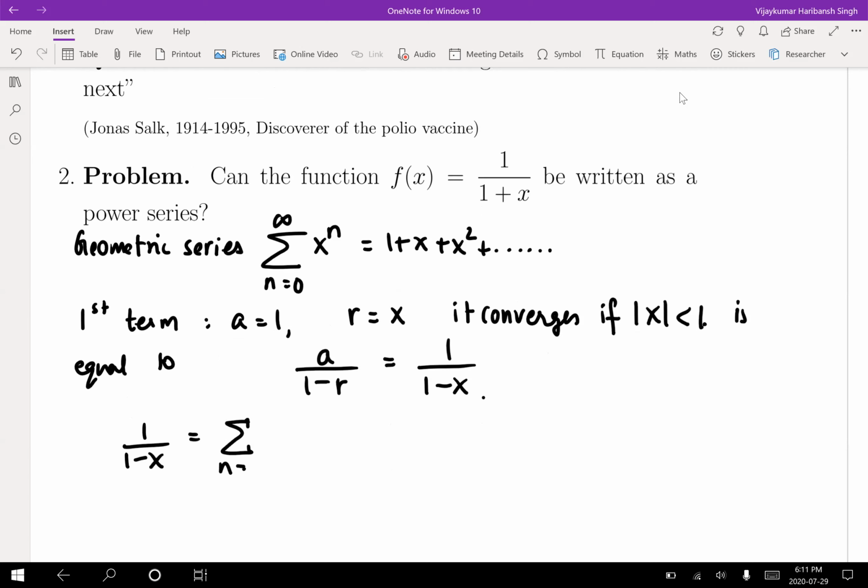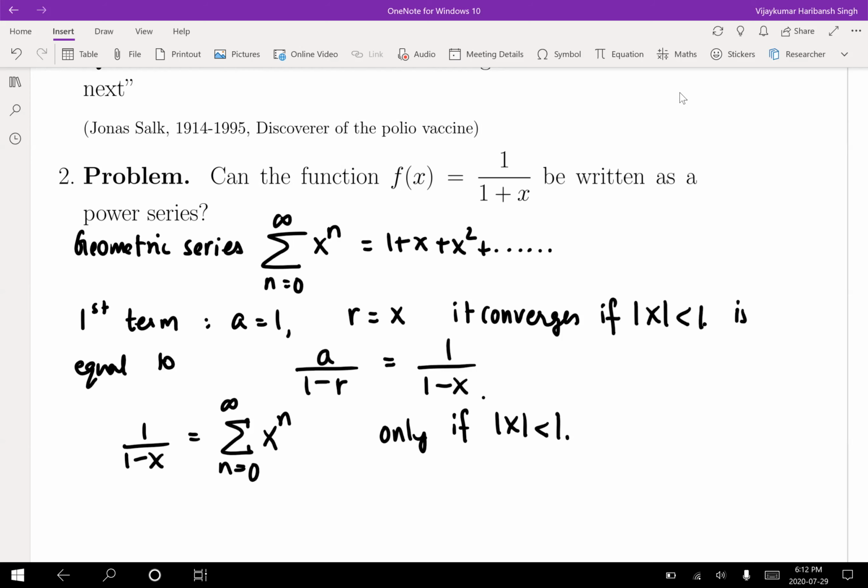We have managed to write down 1 upon 1 minus x as this infinite series. And note that this is true only if the absolute value of x is less than 1. So this function is written as this power series when the absolute value of x is less than 1.